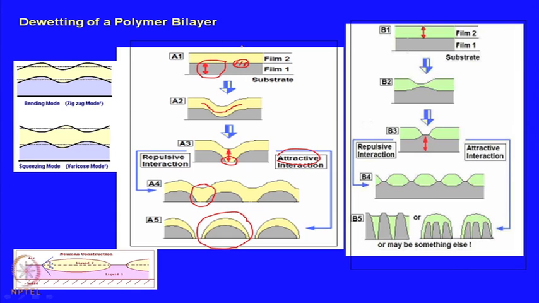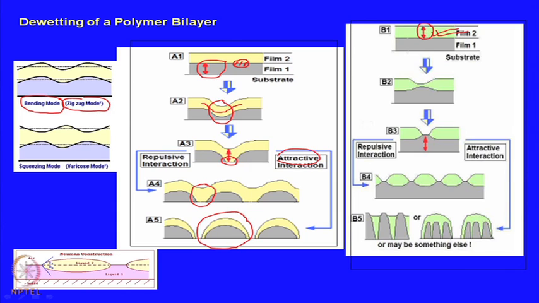Now, this mode of instability, where the deformations of the two layers are in phase with each other, is what is known as the bending mode of deformation or the zigzag mode of deformation. In contrast, you can have a completely different dewetting scenario if the interaction starts dominating, and the attractive interaction between these two interfaces makes the top layer film rupture first.